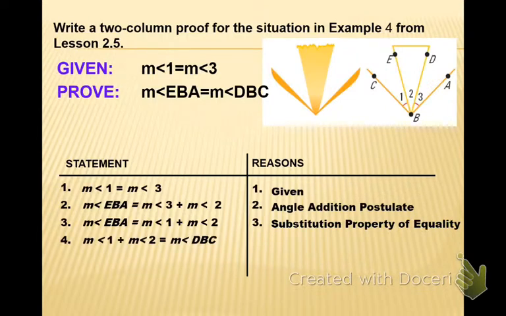Now this is what I was going to get at a second ago. If you look at angle DBC, we can use the angle addition postulate for that guy also. Angle DBC has to be equal to angle 1 and angle 2 added together, and that's from the angle addition postulate again.